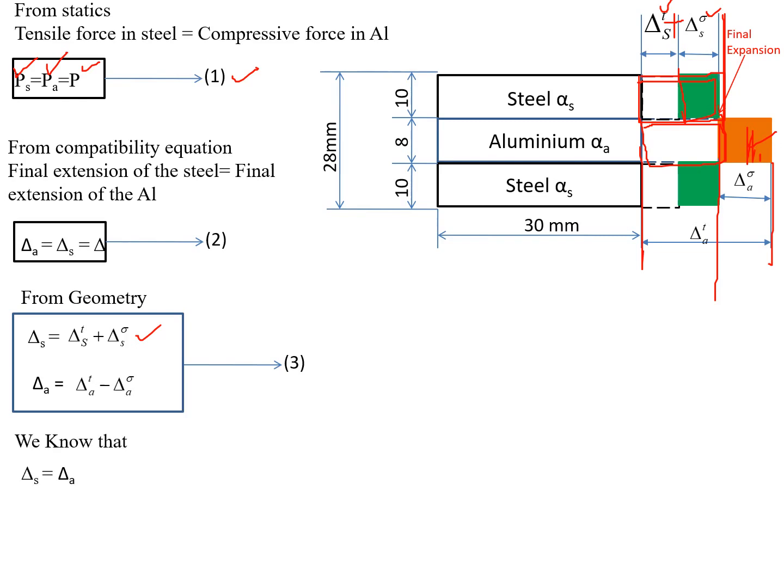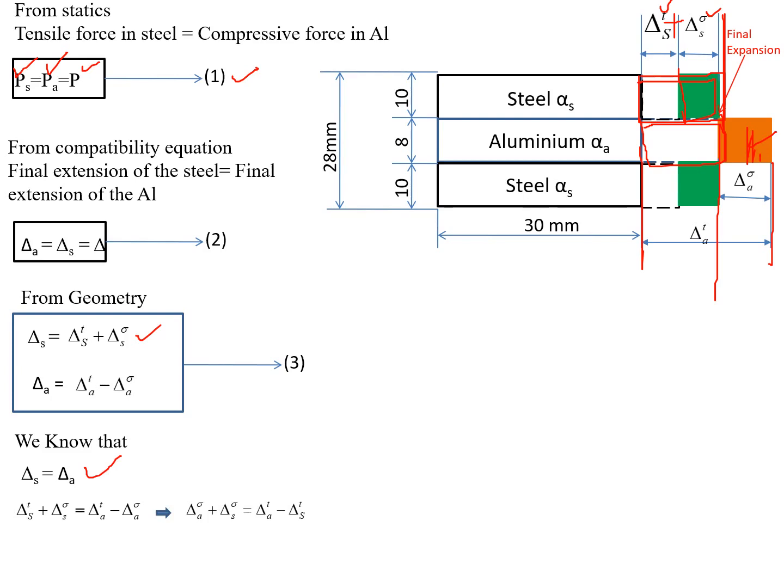We know that the final expansion delta S equals delta A, so we substitute these values in this equation. We get delta ST plus delta S sigma equals delta AT minus delta A sigma.